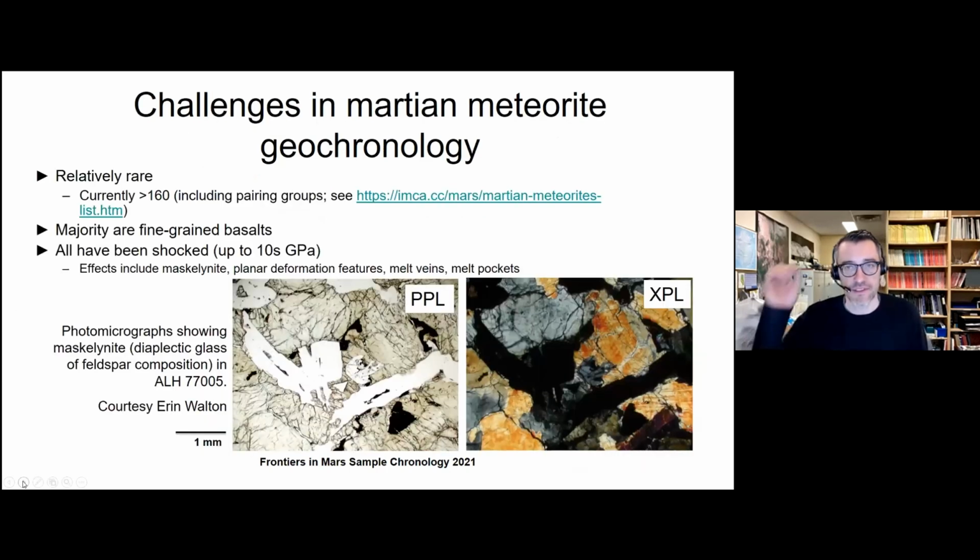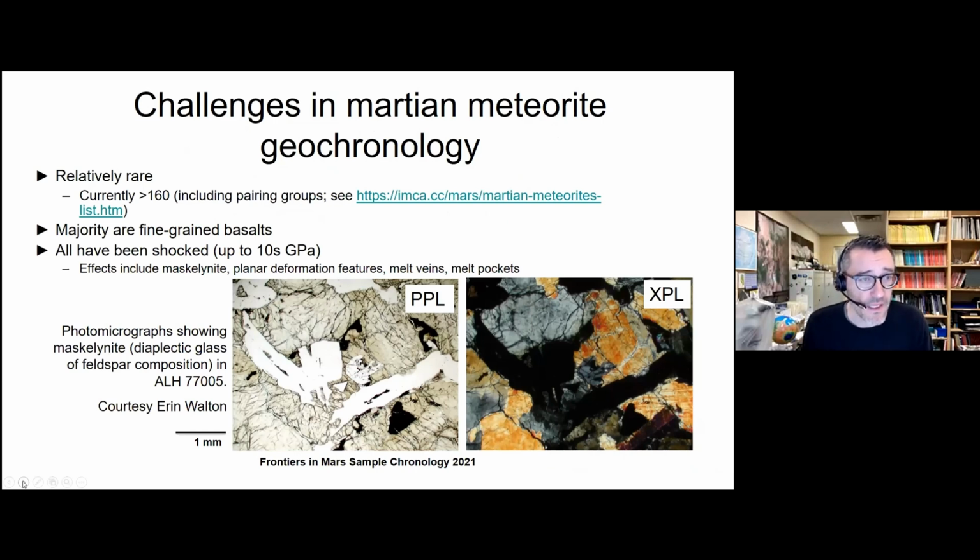Now, some of the challenges in working with these particular rocks: they're relatively rare meteorites. Out of the 60,000 or so that we have, there's only about 160, and the recovery of the majority of those has really only been in the last 10 to 20 years.